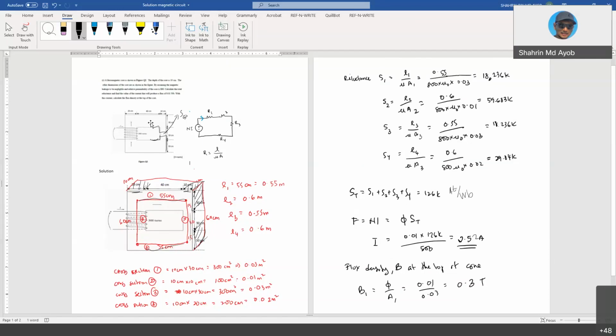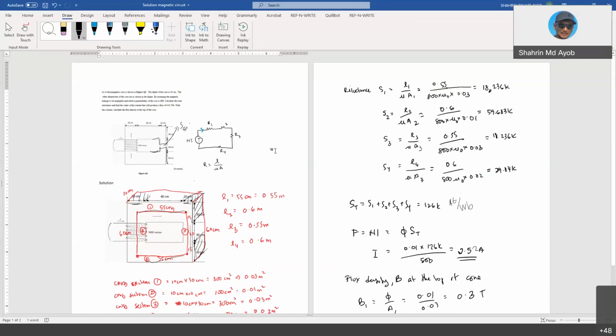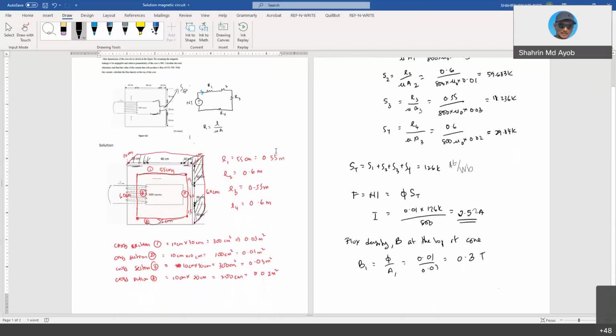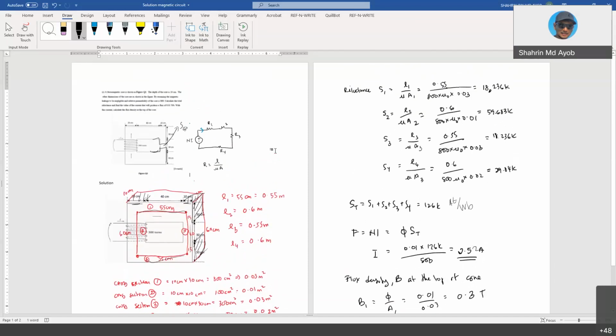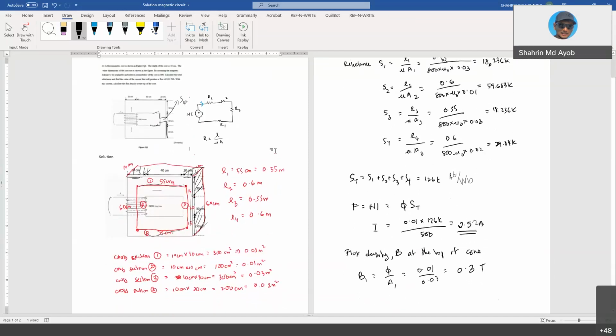If the dimension of the object is the same for all sections, then you just multiply with 4. Is there any question? If there is no question, then we can dismiss this class.